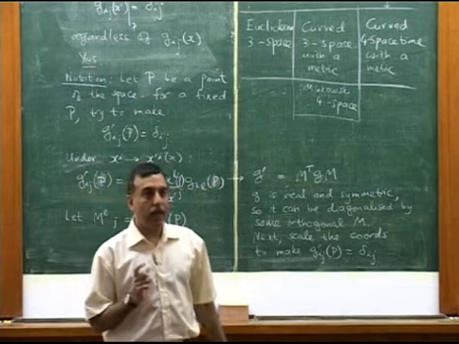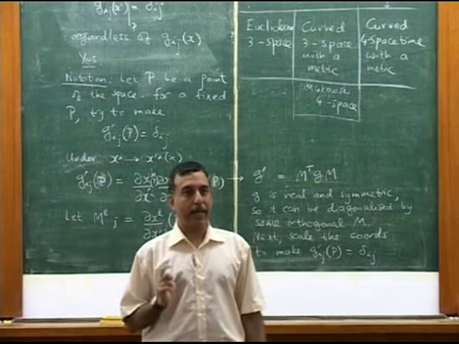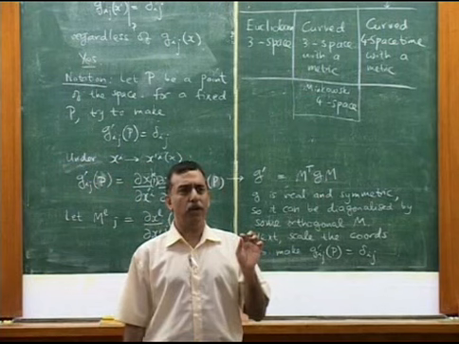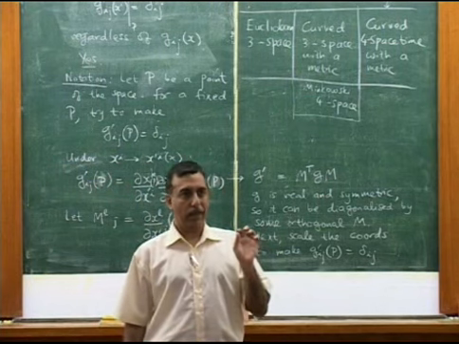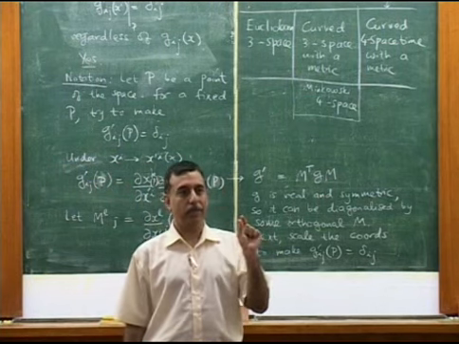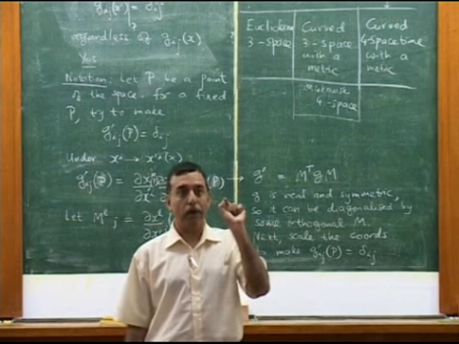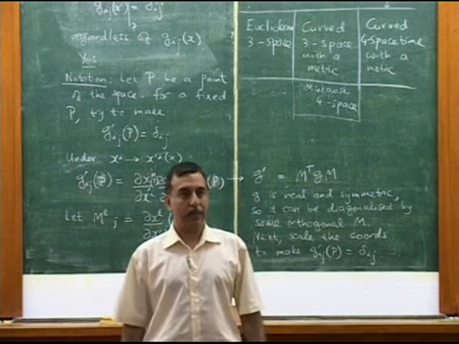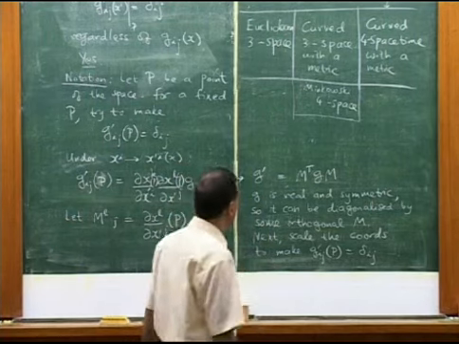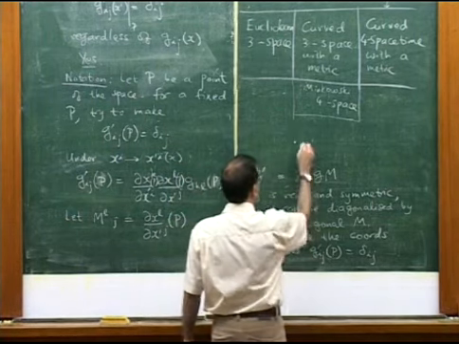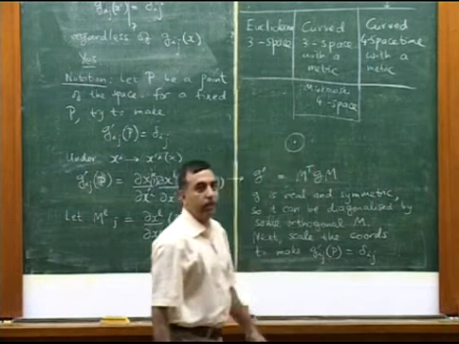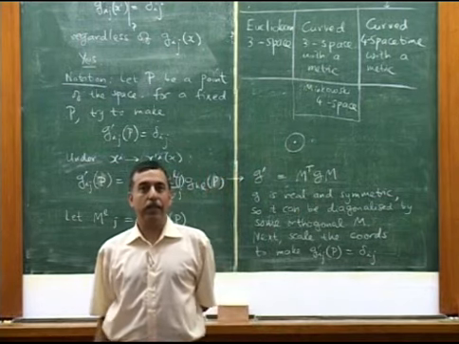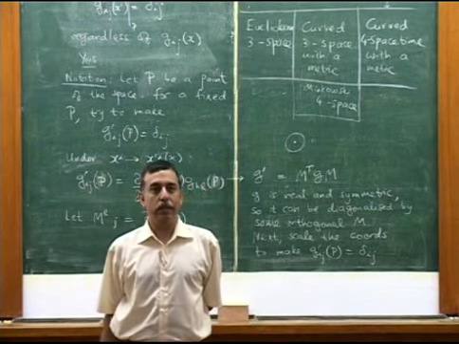However small you like, of size epsilon, but finite, not zero, not one point. It should be a region. If you understand the difference between a point and a region, that's a point, and that's a region.